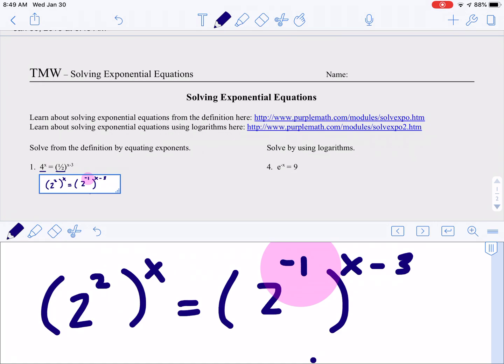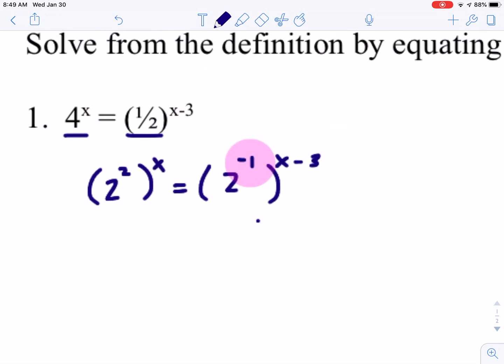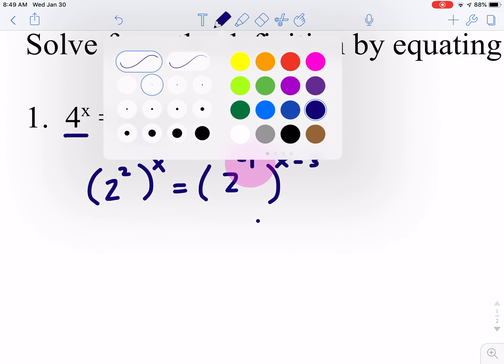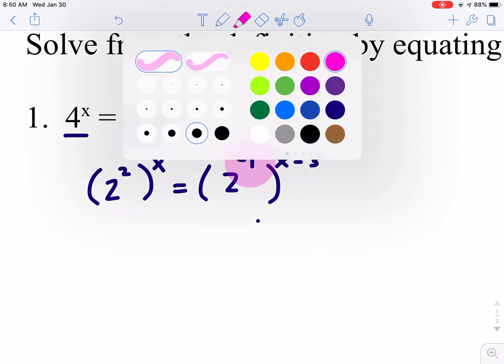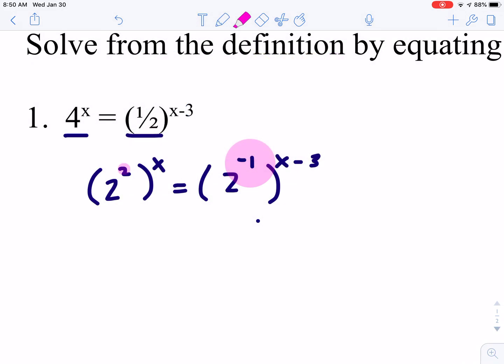Now, the next step, I'm going to change my format here. The next step is to use what we used 2 gateways ago, and recognize that when we have a power raised to a power like we do here, then you multiply them.